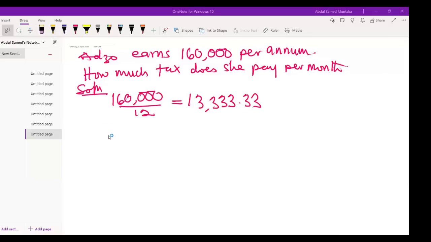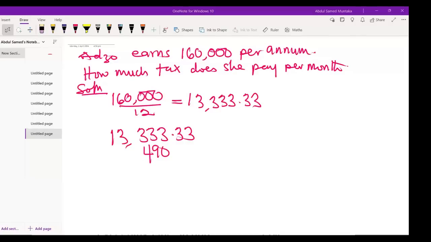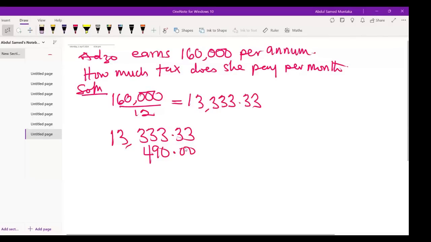So now we come to taxation, 13,333.33. The first 490, Sandra, 2,931. Yes, that looks more correct. First 490 cedis on the schedule. If you look at the schedule, you see that the first 490 is nil. So she pays 0.00.